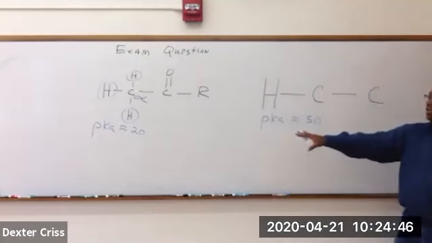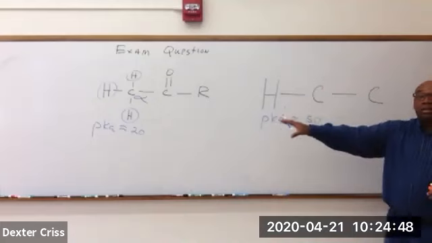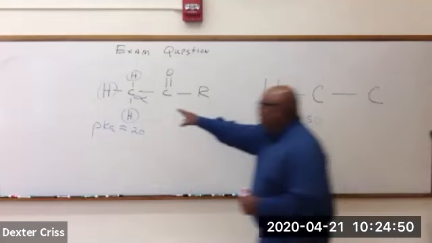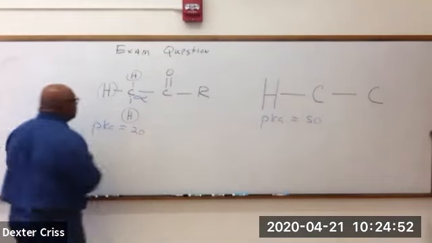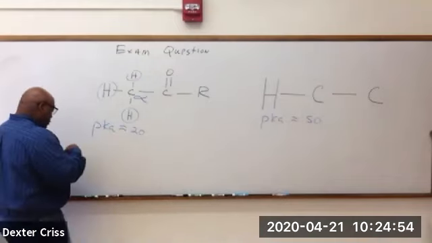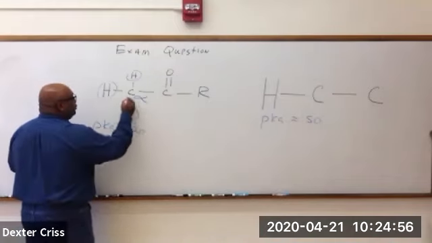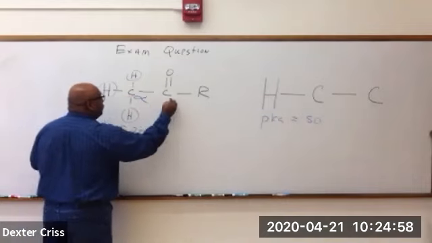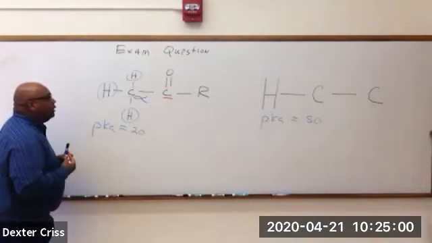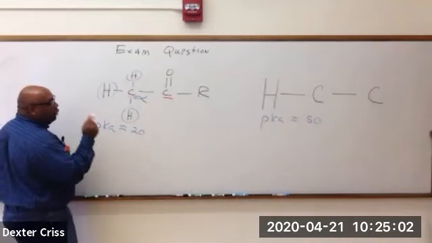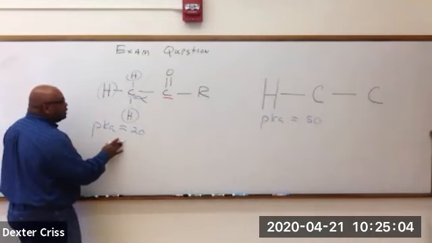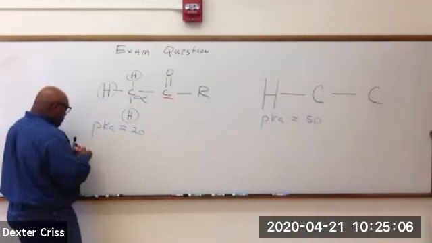So the pKa definitely dropped a lot for these hydrogens, because I have a hydrogen that's attached to a carbon, but I have 2 things going for me that are going to make this more acidic. And most of you know this.